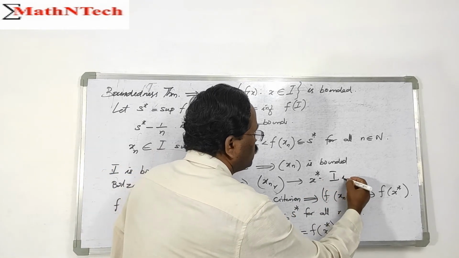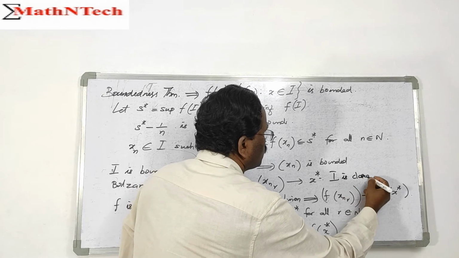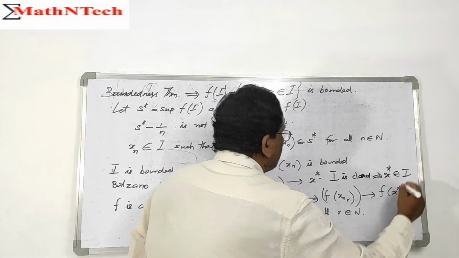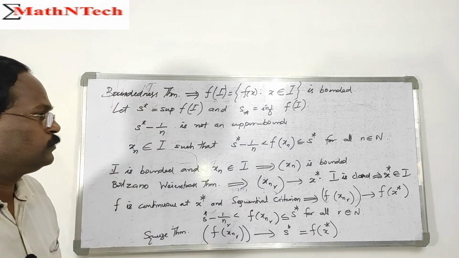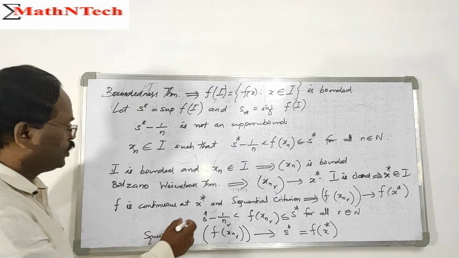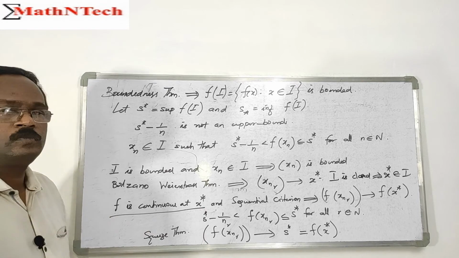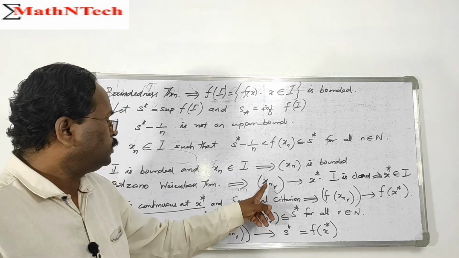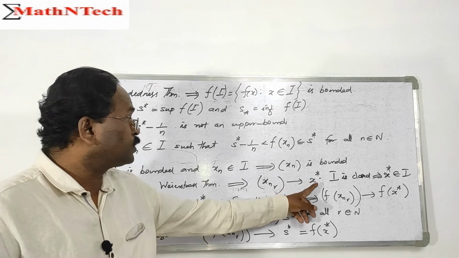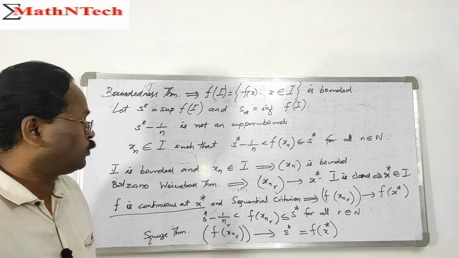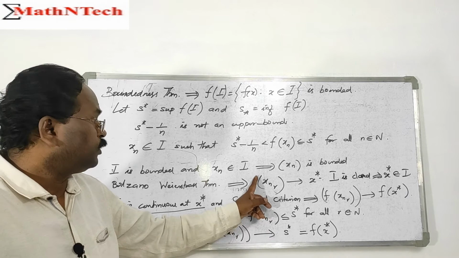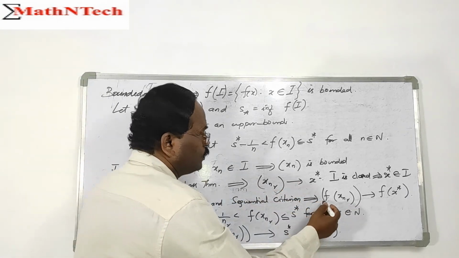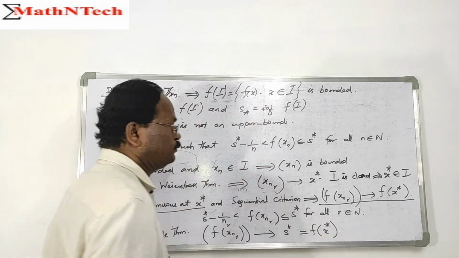The interval I is closed implies x star element I. So f is continuous at x star and the sequence xnr converges to x star. So by the sequential criterion, f of xnr converges to f of x star. That is the sequential criterion.